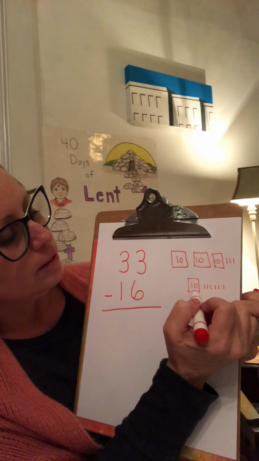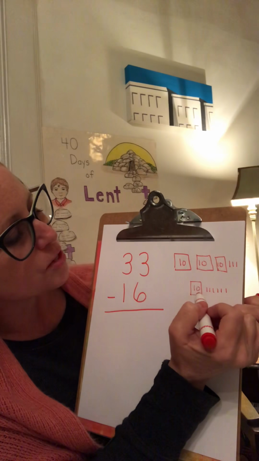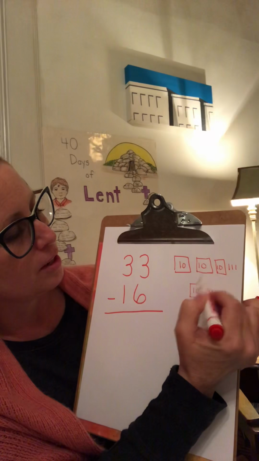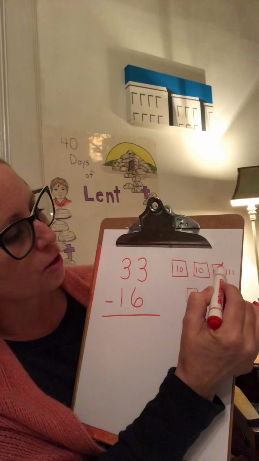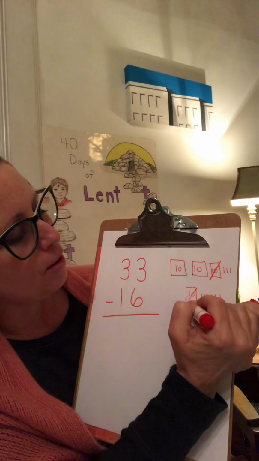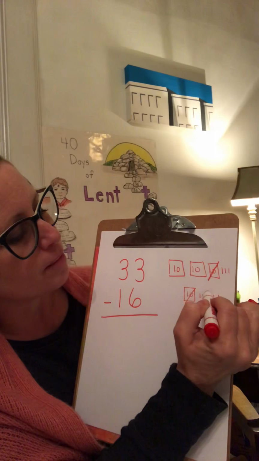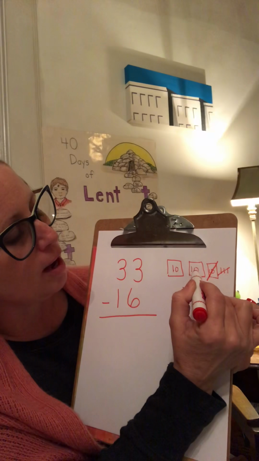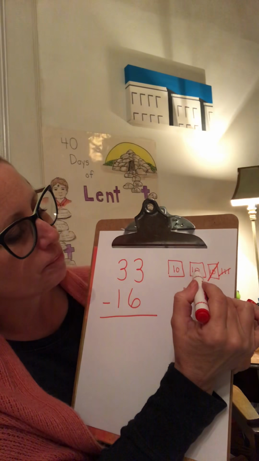All right. So if we were going to subtract 16, if we drew a picture, well, 16, so you're going to go ahead and mark out one of those. You're going to mark out 1, 2, 3. And then you have 3 to take away from what? 10.